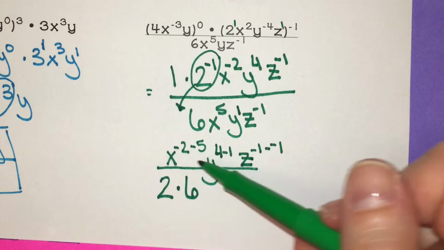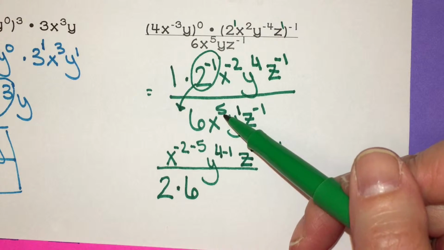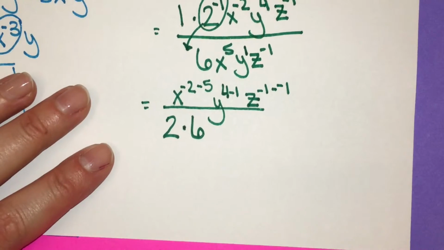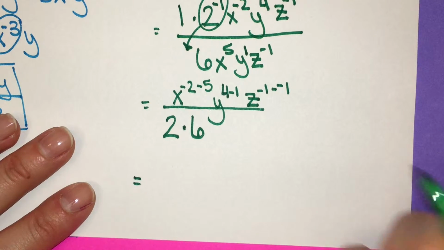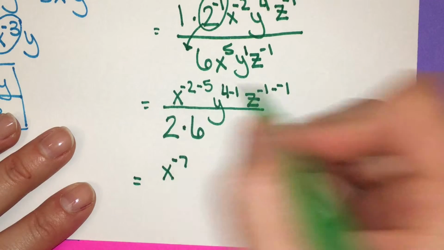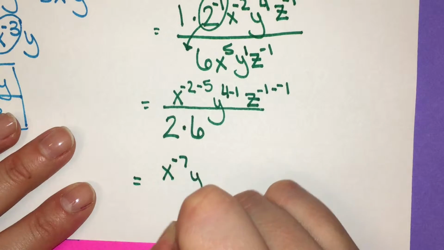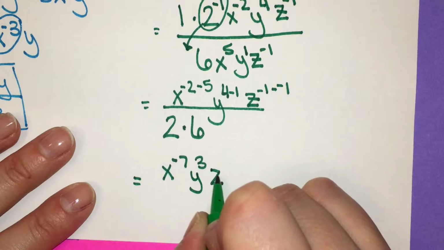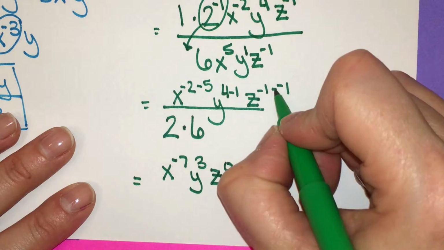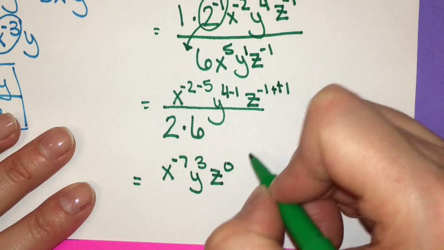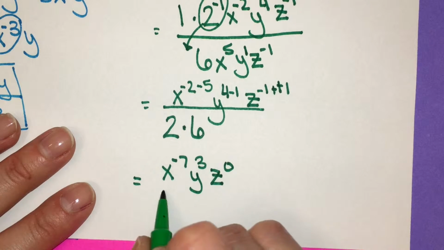Okay, you always write your variables on top, so you do top minus bottom, keep it on top. All right, then reduce: x to the power of negative 7, negative 2 minus 5, y to the power of 3, 4 minus 1 is 3, and z to the power of 0, because minus and negative changes to plus and positive, and negative 1 plus 1 is 0.